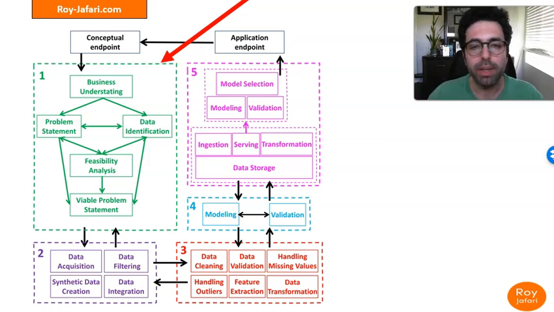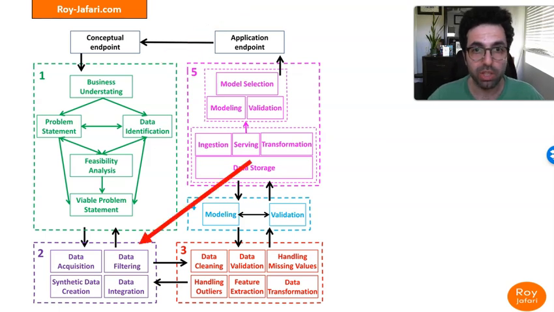So after we do have the viable problem statement, we move to the second stage, which is data acquisition and integration. This is where we hunt for data. We go through our databases, and we go through third-party data. We go through the internet, everywhere we can lay our hands on data. We might even want to start collecting some data, or we might want to generate some synthetic data, right?